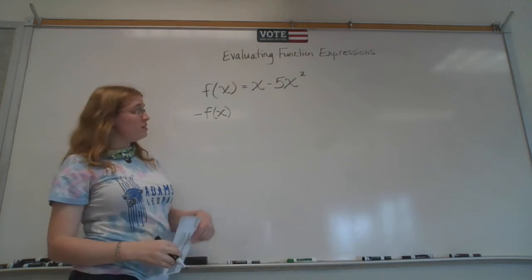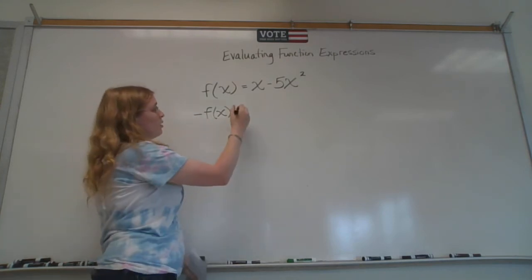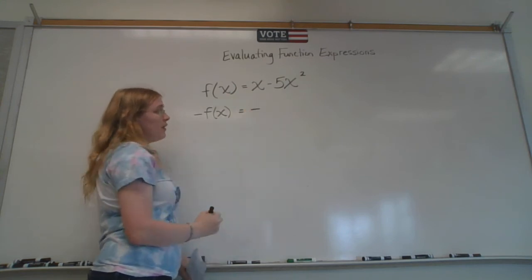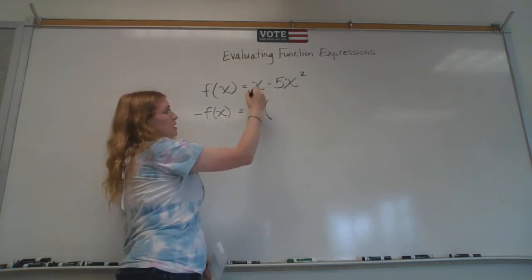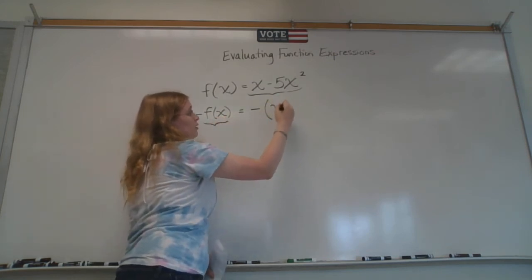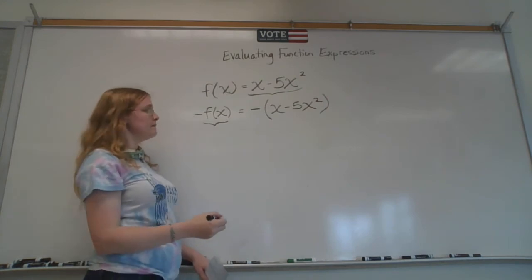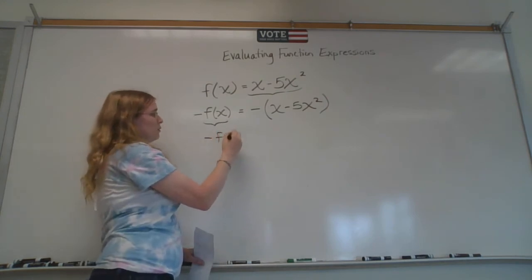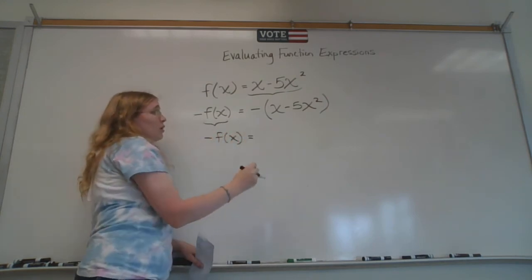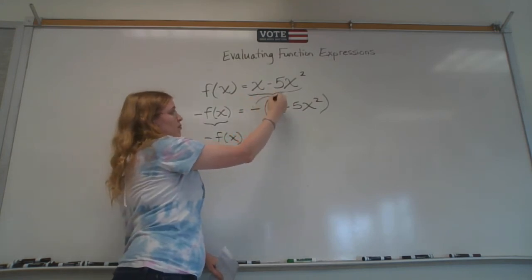So this negative is outside the f of x. That means we put a negative outside, and then the entire f of x inside, like that. So essentially we have to distribute that negative sign.